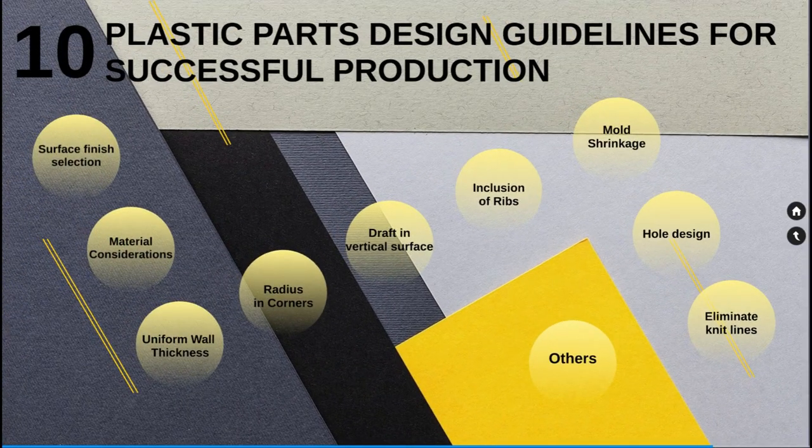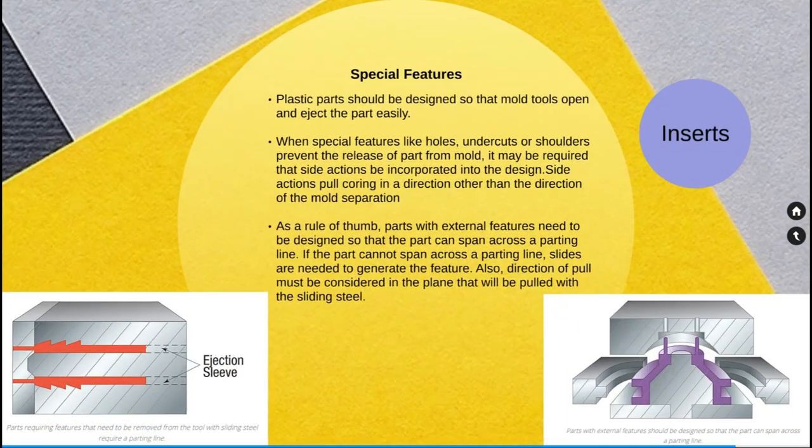Next, special features. The plastic part should be designed so that the mold tool opens and ejects the parts easily. When special features like holes, undercuts or shoulders prevent the release of the part from the mold, it may be required that side actions be incorporated into the design.